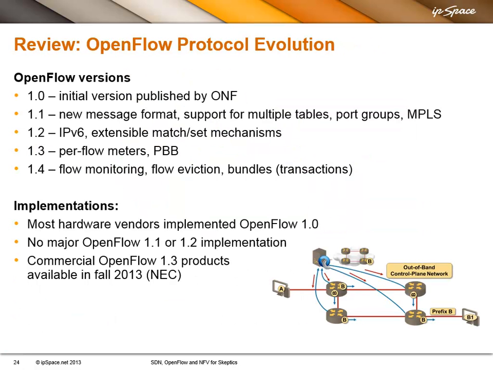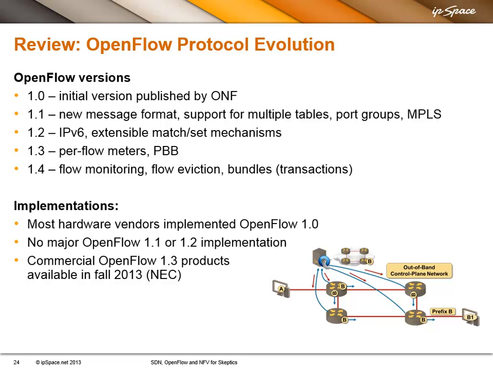When ONF started promoting OpenFlow, OpenFlow was in version 1.0. Very quickly, people discovered that it's missing a number of things. So in version 1.1, they added MPLS, multiple tables, so you can do multiple forwarding operations in sequence like real-life switches do. In version 1.2, they added IPv6 as well as an extensible matching mechanism that allows you to match on almost anything.